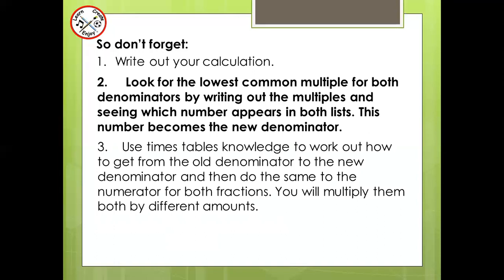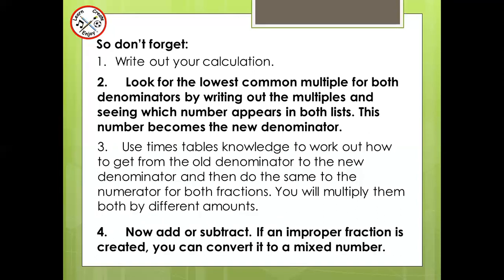Do that for both fractions. You will multiply both sides by a different amount, and that is fine. That is a good thing. You may even see patterns while you're doing that. And then you can add or subtract your fractions easily.